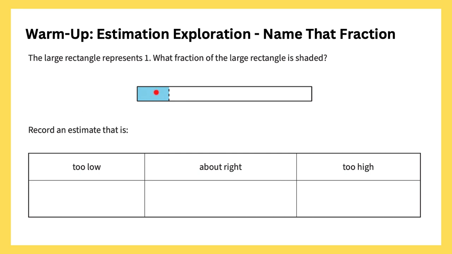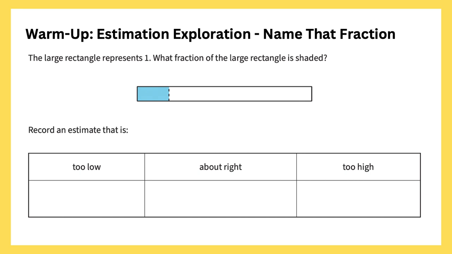Obviously, we don't have all the information that we need, which is why it's an estimation exploration. But it's asking us to record an estimate that is too low, one that is about right, and then an estimate that is too high of what this shaded portion can represent.